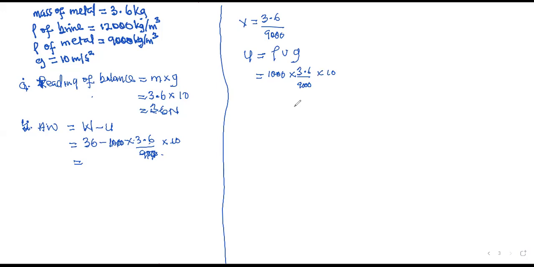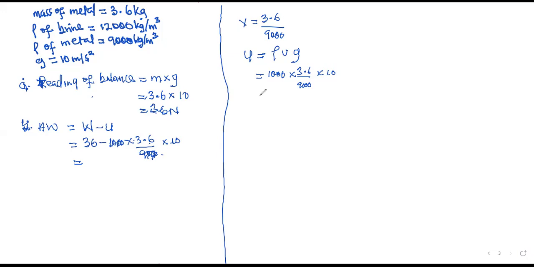The upthrust is 4 newtons. You mean the upthrust is not 4? People are saying it is 0. That is 4. I want to see what the problem is, because the answer is supposed to be 32.